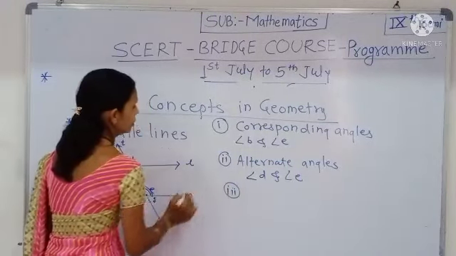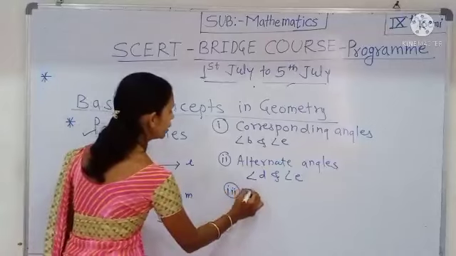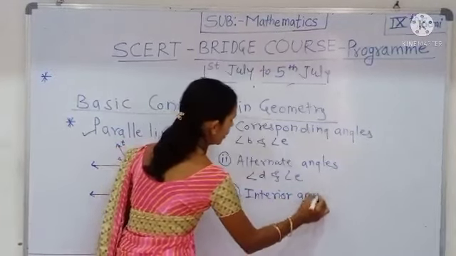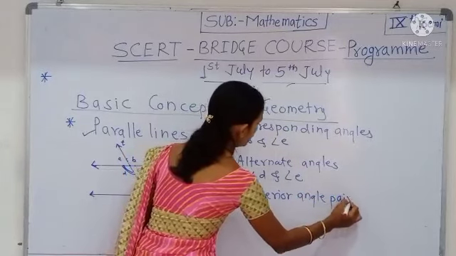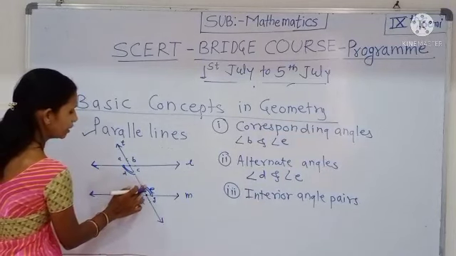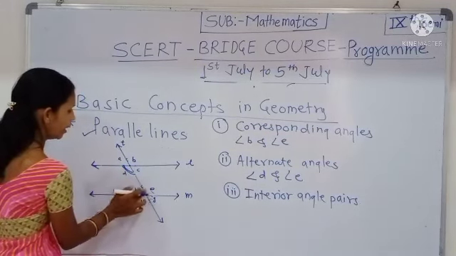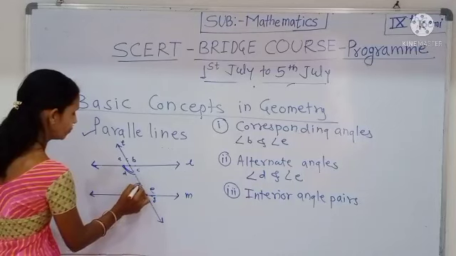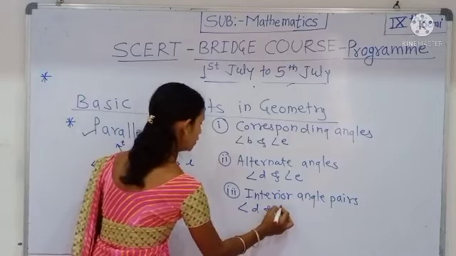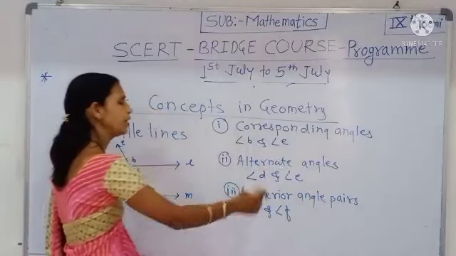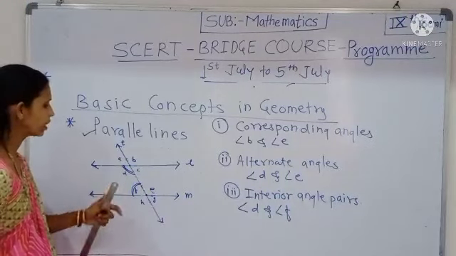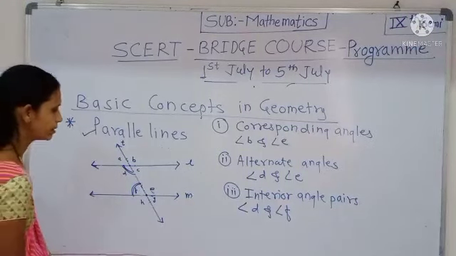The third one is interior angle pairs. See here, angle D and angle F are interior angle pairs. Then you have to find out the remaining interior angle pairs.